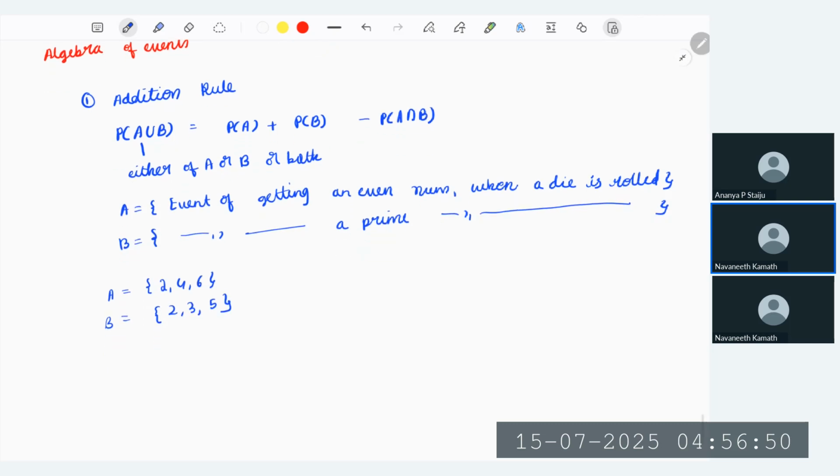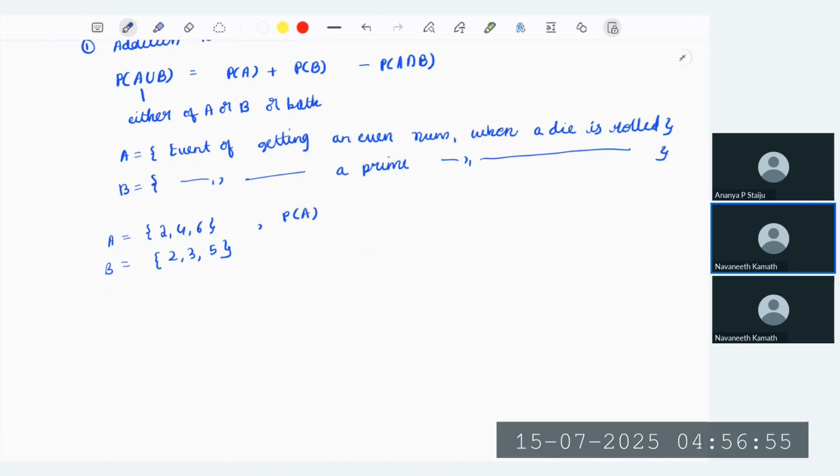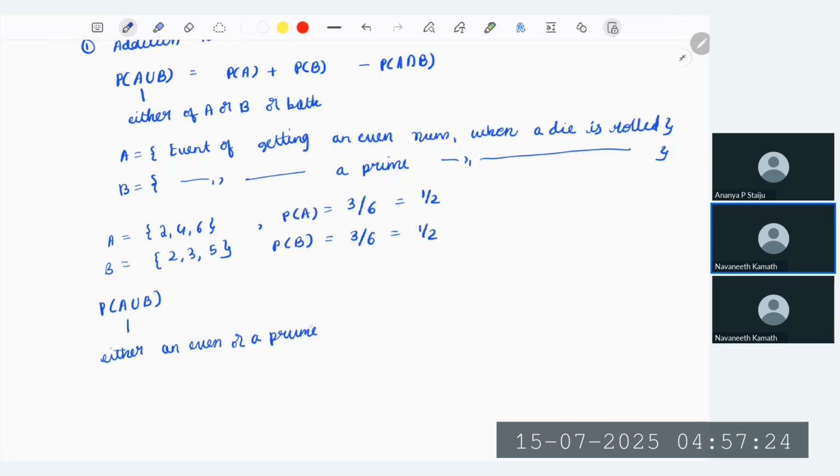Now what is the probability of A? Probability of A has three favorable outcomes out of 6, that is 1/2. Probability of B also has three favorable outcomes out of 6, that is also 1/2. Now I want to know the probability of A or B, either an even number or a prime or both.